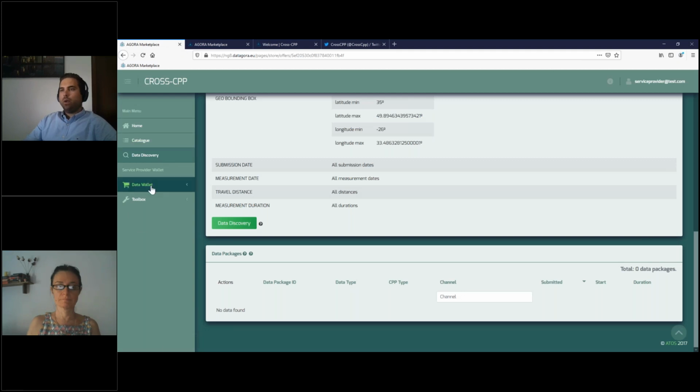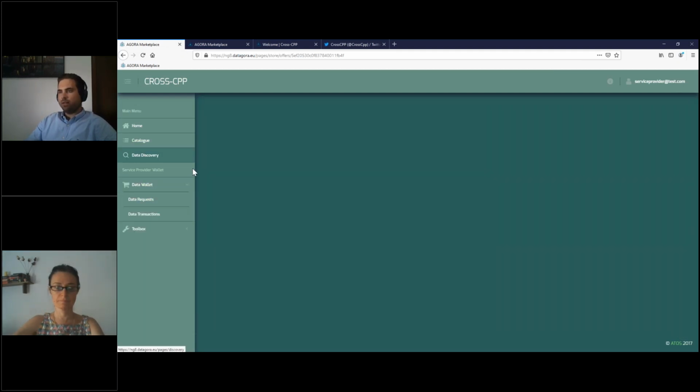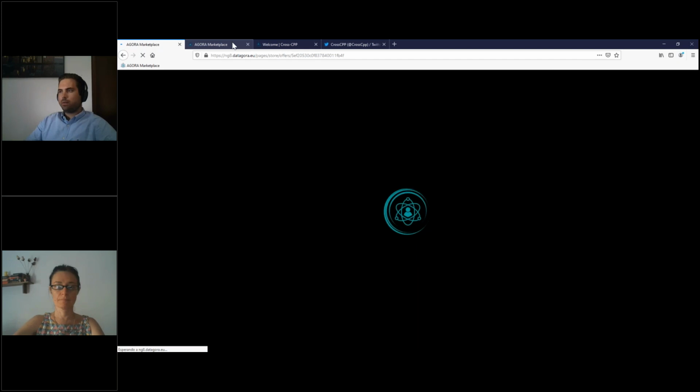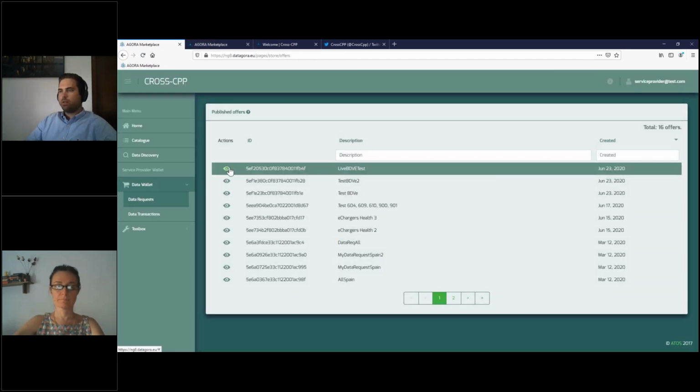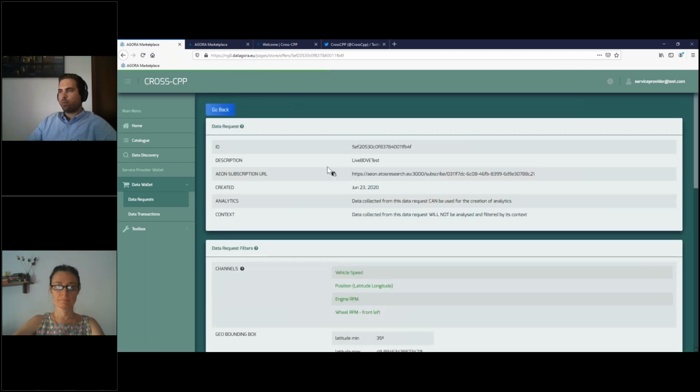So now we can go to the data wallet and we can see the data request that we have made.